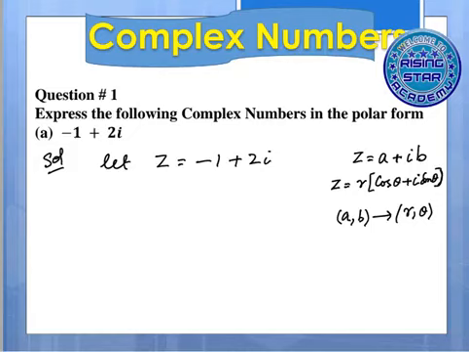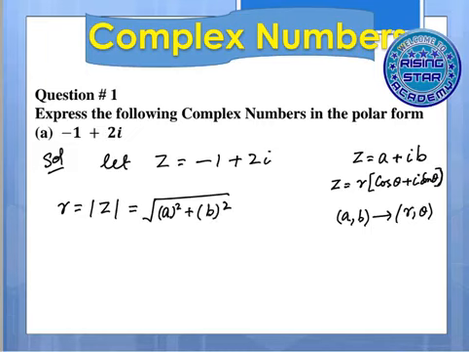So let's start. First of all, we need to find r. Basically, that is the modulus, z mod. So in modulus, we will write the formula, that is square root of a square plus b square. This is my a value. This is my b value.